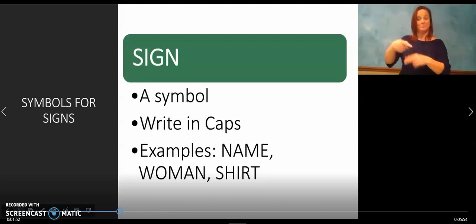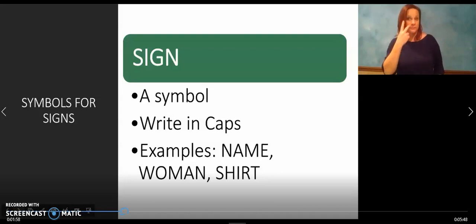If you see us sign this, you would write name in all caps. If you see us sign this, you would write in capital letters the word woman. If you see us sign this, you would write shirt in all caps.